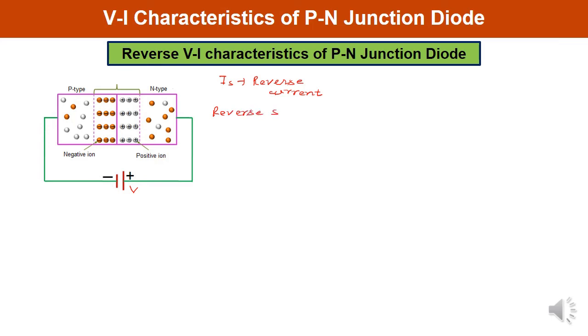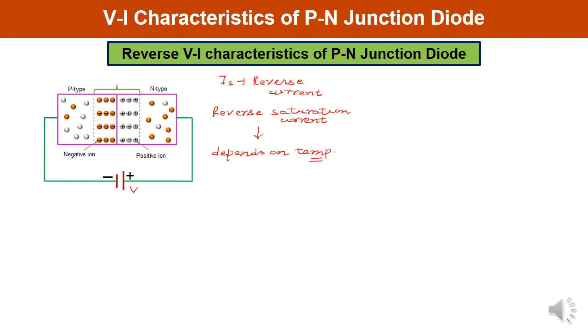This reverse saturation current is of the order of microamperes for germanium diodes and of the order of nanoamperes for silicon diodes. And reverse saturation current depends on temperature.